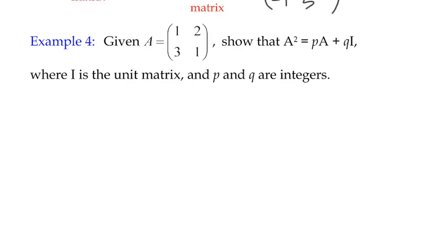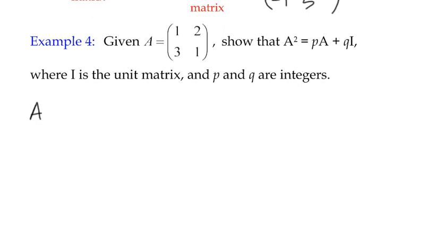We have a matrix, and we're asked to show that in this identity A squared is equal to some multiple of the original matrix A plus some multiple of the unit matrix I. So we need to think what would the values of P and Q be in this problem here.